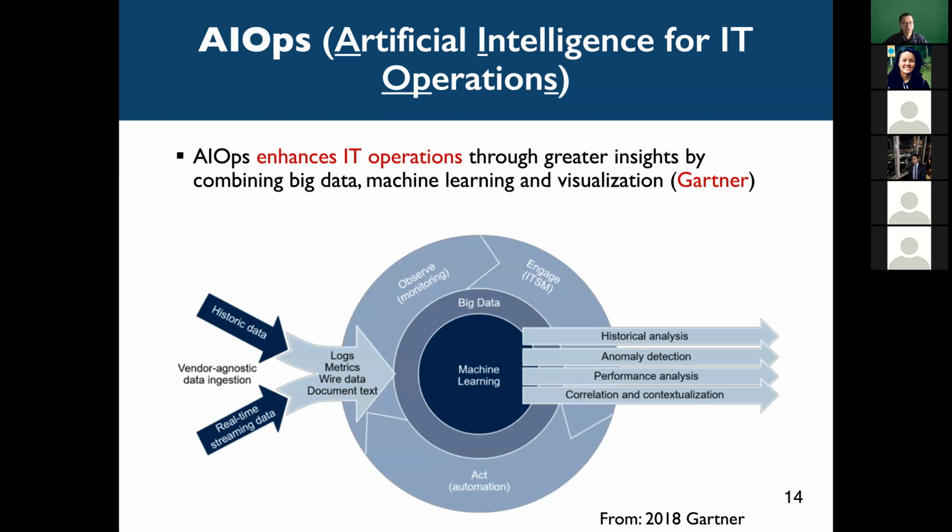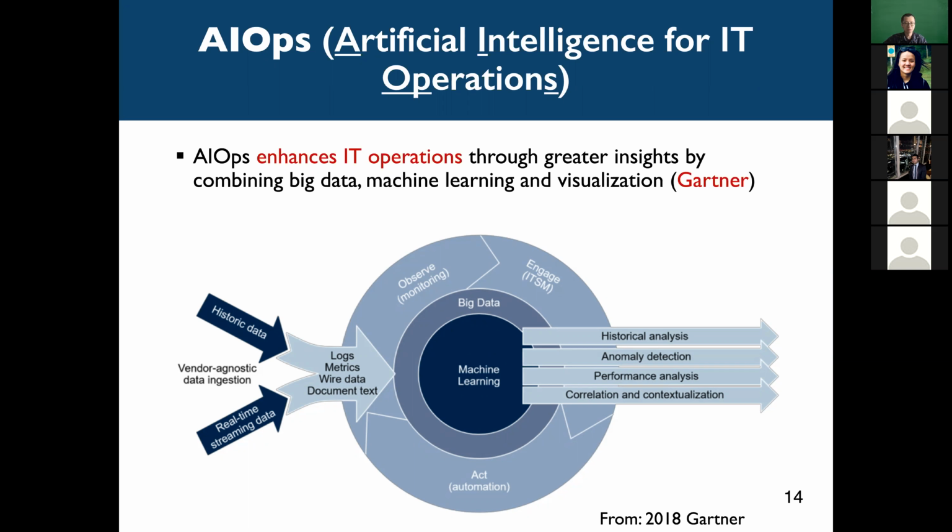And anomaly detection, so we want to understand whether there's a problem. Performance analysis, understanding the performance of the system, and also correlation and contextualization, which is about how to associate different data together. At the center of AIOps are techniques, including machine learning, big data, and visualization.